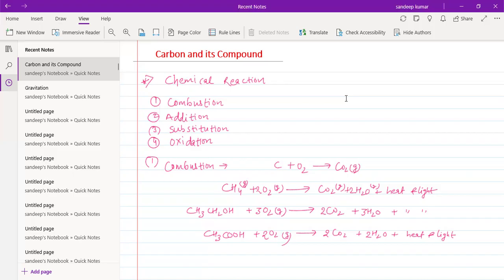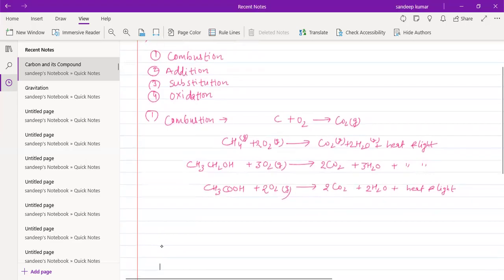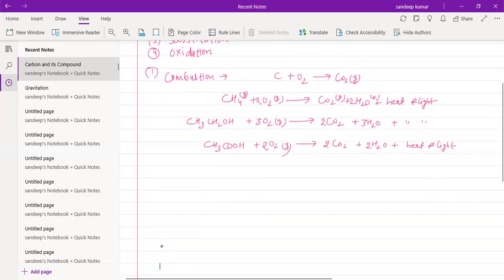You should know there are 2 types of combustion, children. One is complete combustion, the other is incomplete combustion. Complete combustion takes place in the presence of air, when air is present in adequate amount.